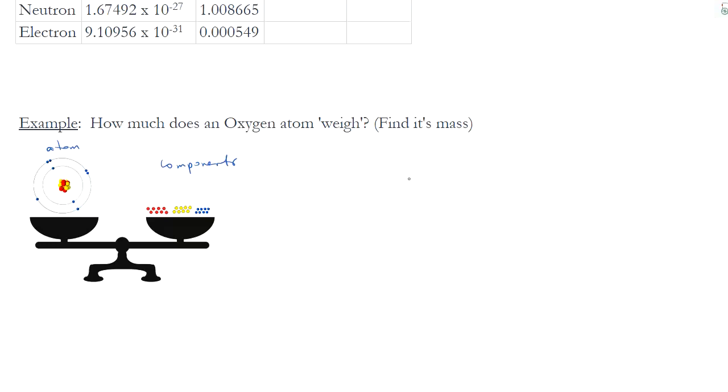So let's just try that calculation, right? If we mass the components, we're going to get 8 protons plus 8 neutrons plus 8 electrons. Just factoring out the 8, it's a proton plus a neutron plus an electron.